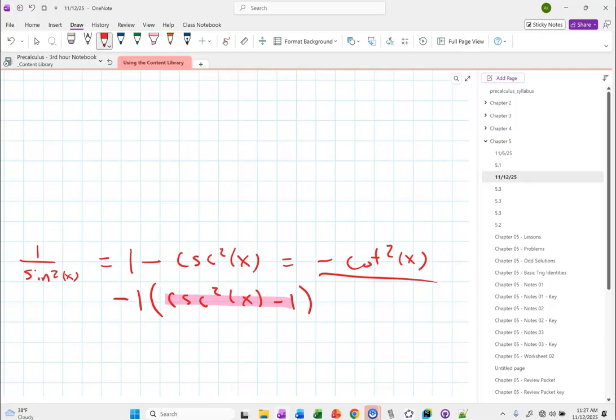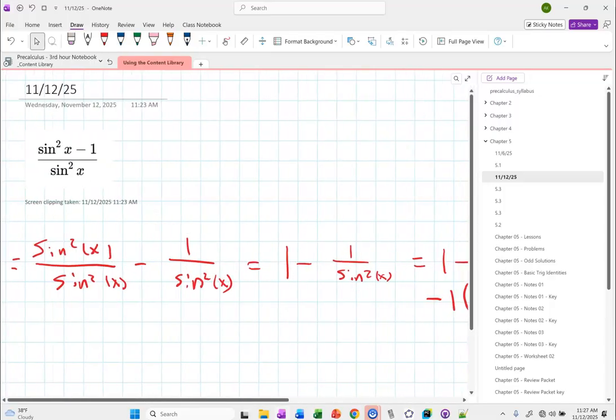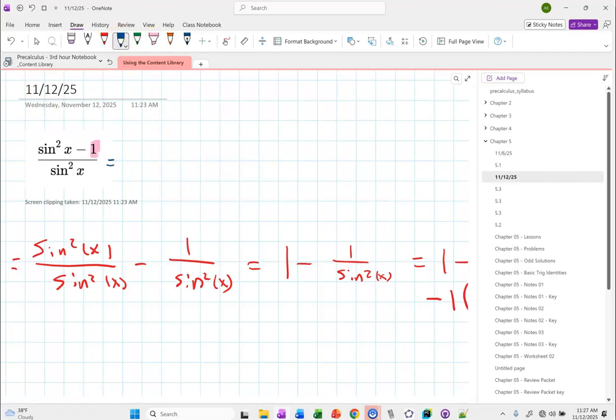Now I want to point out to you that I saw an easier route than this at the start. May I suggest that to you? What if we took this 1 and used P1 to replace that with sine squared plus cosine squared?